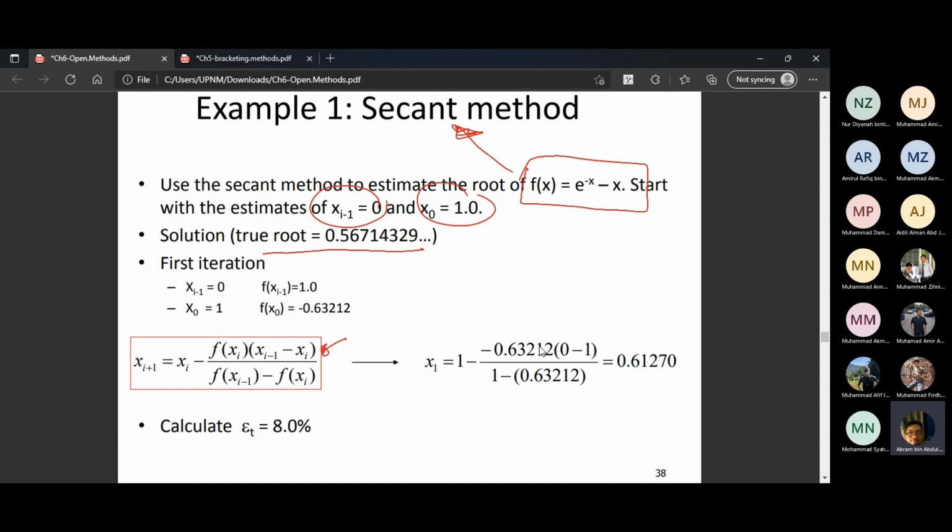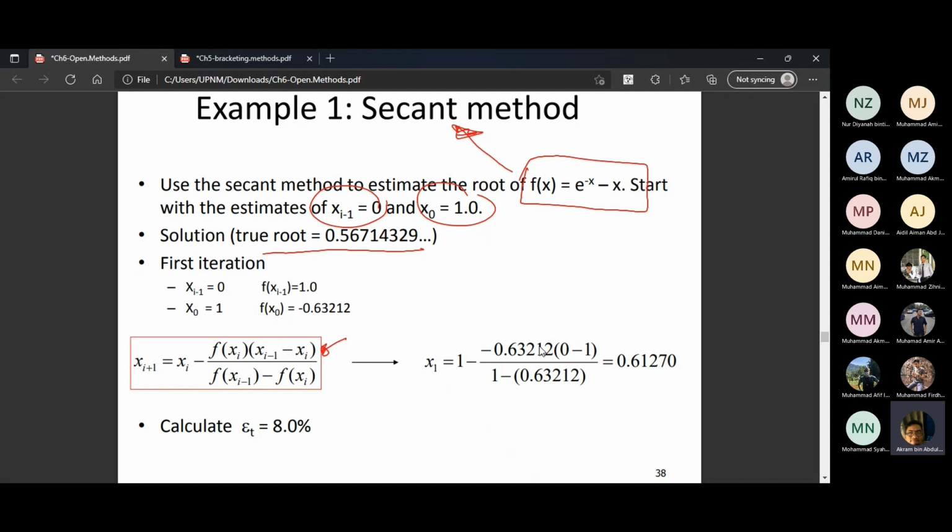Based on the general formula, we can find the next value of x for the first iteration. So for the first iteration, x sub i is 1.